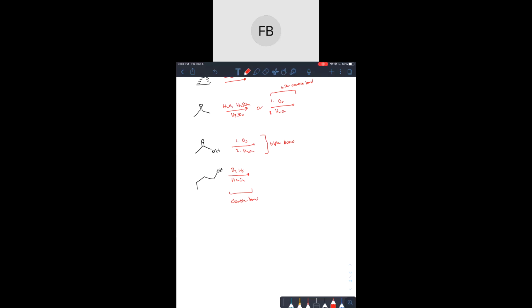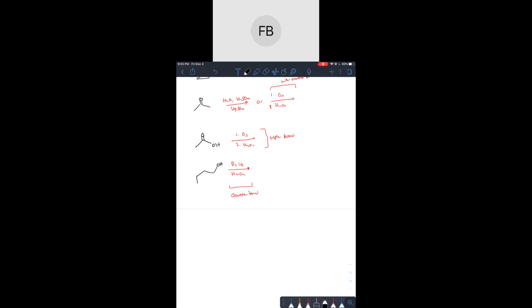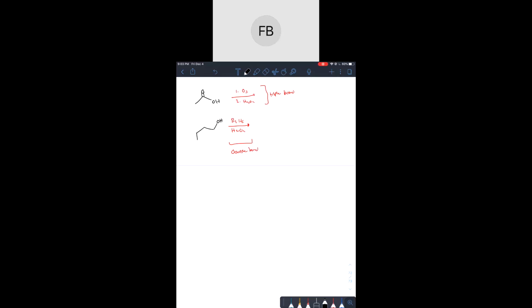Or it could be from what was the other thing I was thinking of? Actually, I think that's the only option, because it couldn't have been from an enol, it couldn't have been a ketone to an enol, because that reaction involves this.